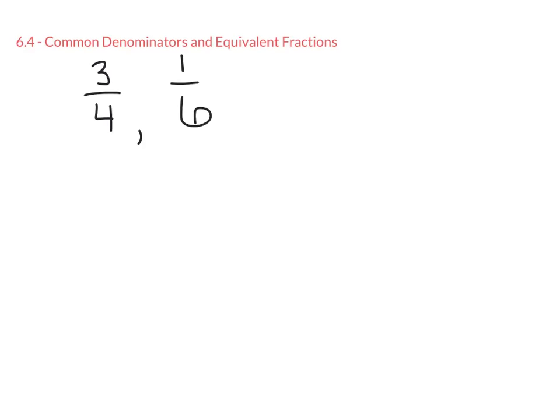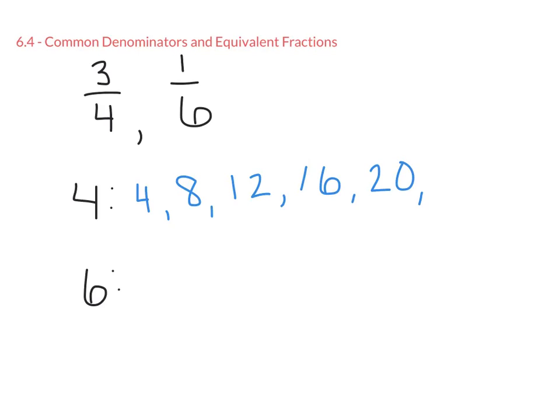First, we'll list the multiples of 4 and the multiples of 6. Multiples of 4 are 4, 8, 12, 16, 20, 24, and so on.